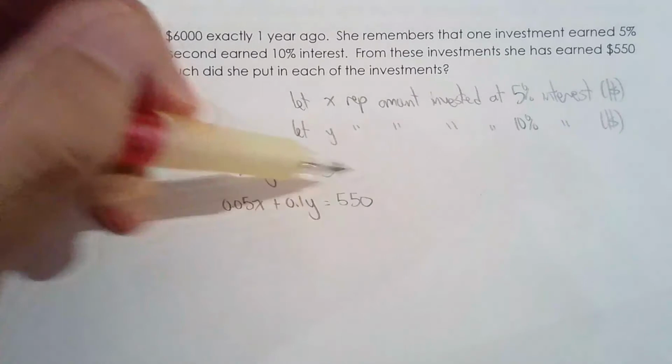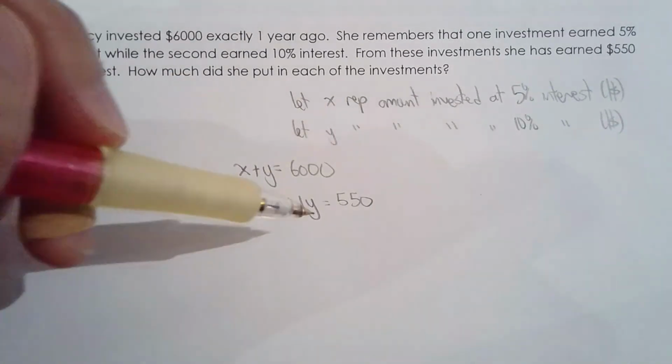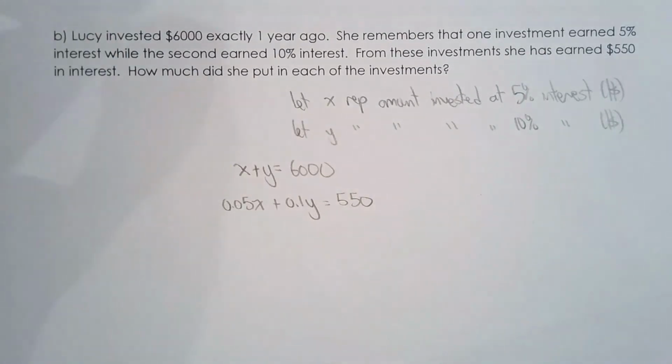But your actual return is 550, which means you invested more in the 10% account and less in the 5% account.